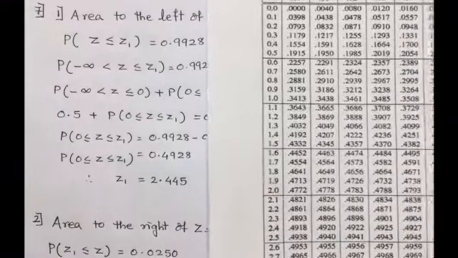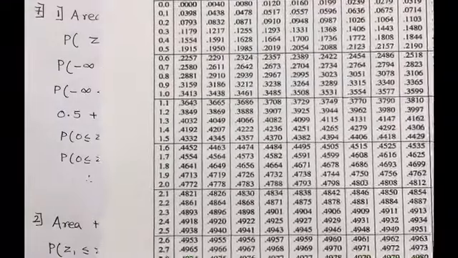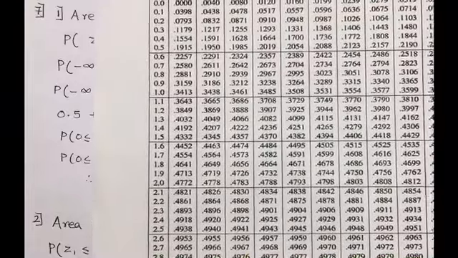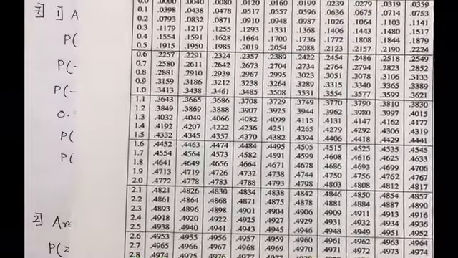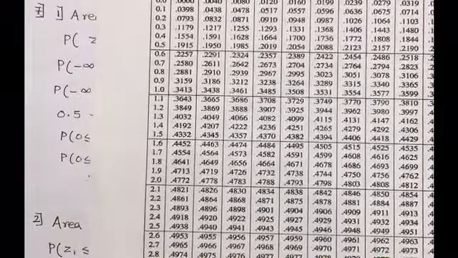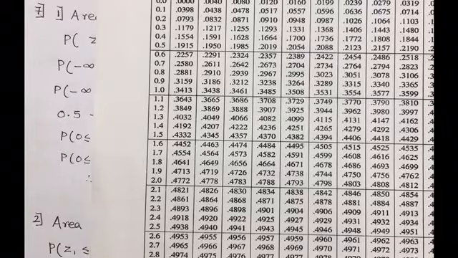Now for that we have taken up here the table. We have to take the area 0.4928. So if you search it here, 0.4928 lies between 0.4927 and 0.4928.